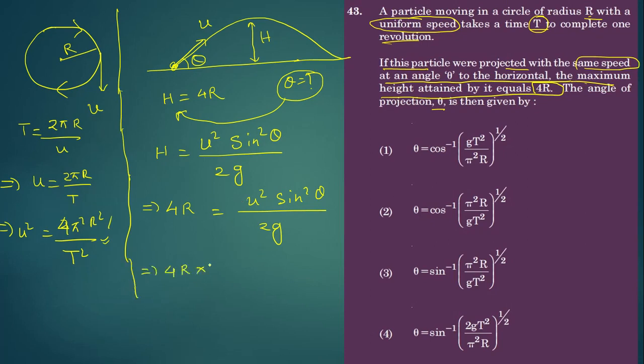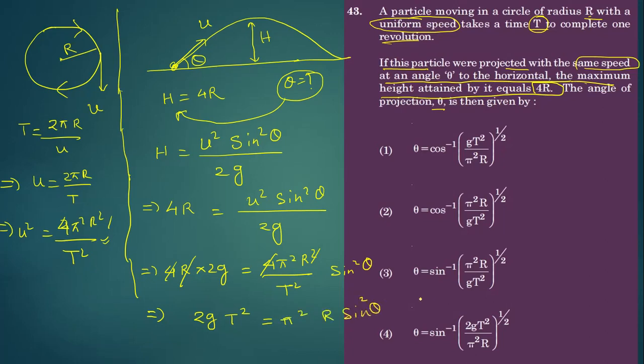Let me take this 2g here. In place of u square, I will write down 4 pi square r square divided by t square, then sine square theta. 4 will be cancelled with this, r will be cancelled with this one. So 2g multiplied by t square will be equal to pi square r multiplied by sine square theta.